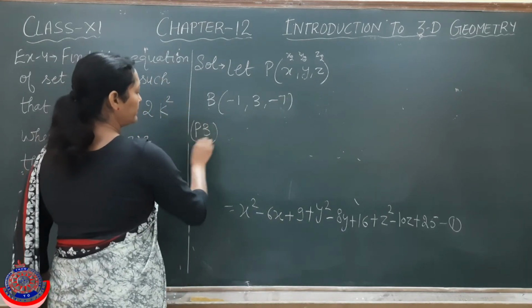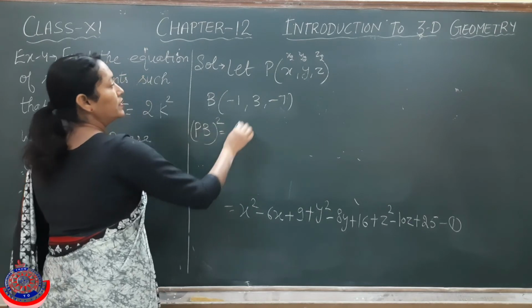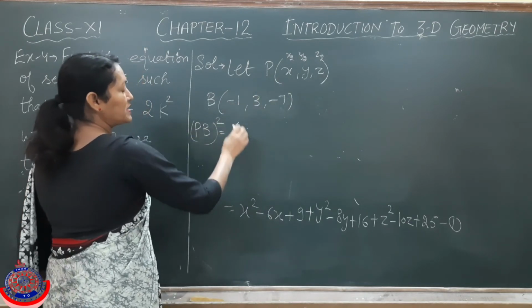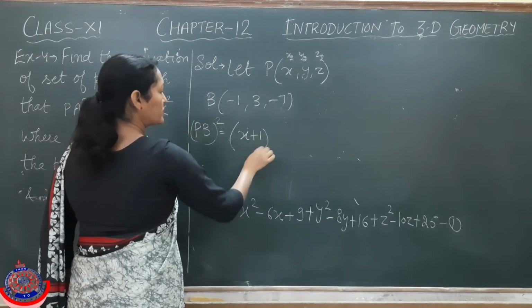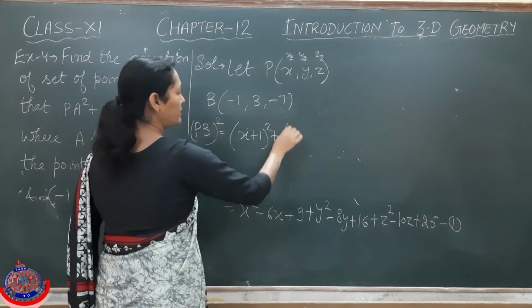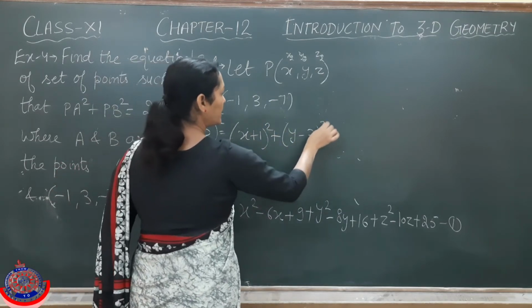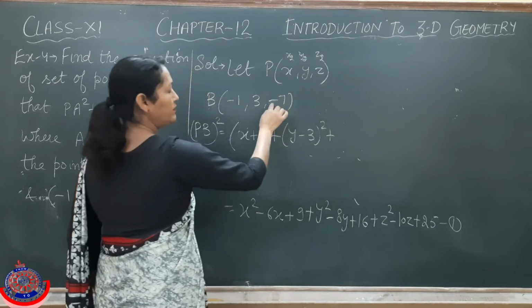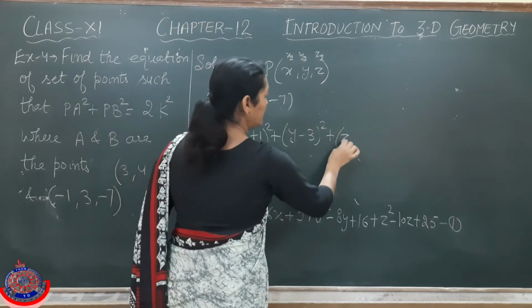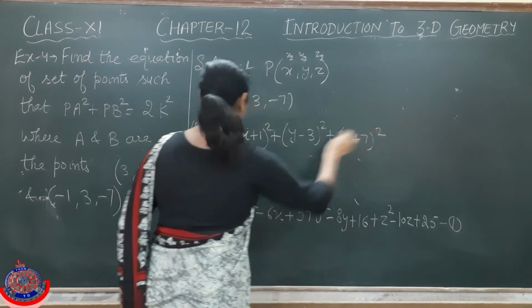Square will be x minus minus 1, so x plus 1 whole square plus y minus 3 whole square plus z plus 7 whole square.